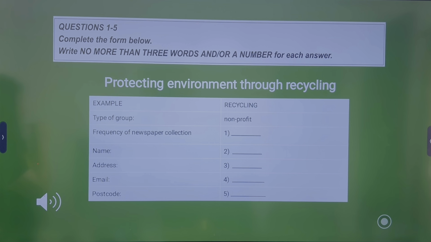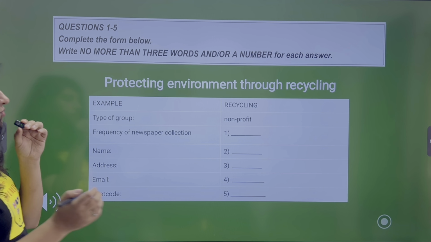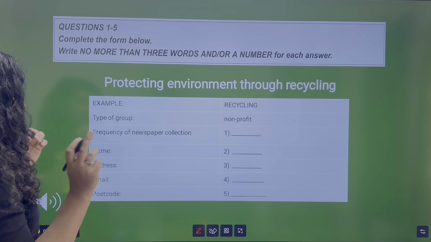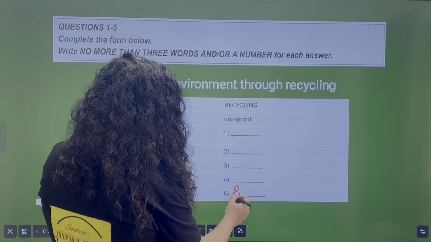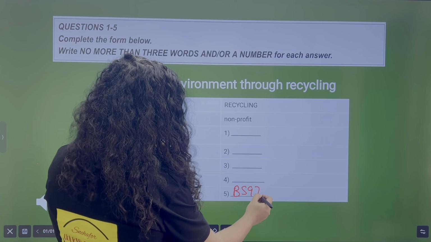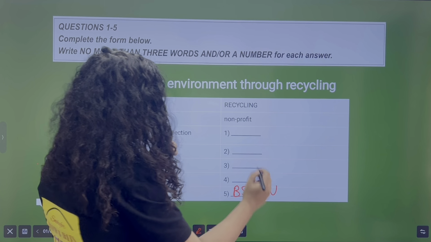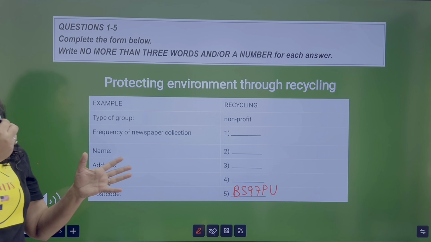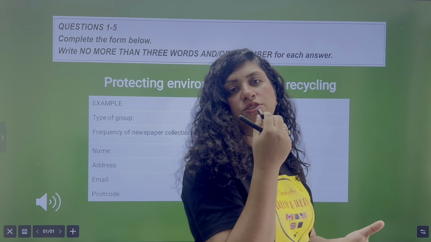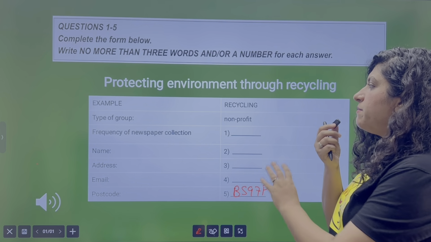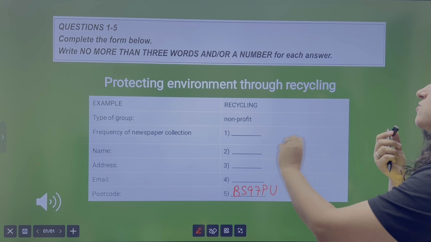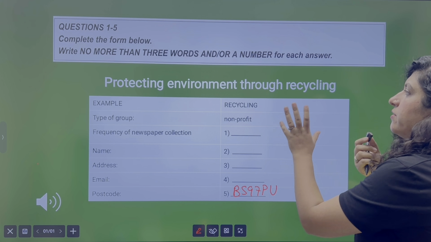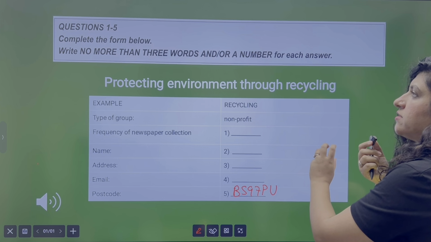So again, the man very clearly pronounced the postcode. That was BS97PU, and he said B as in ball. So BS97P as in Peter and U, right? So many times, the pieces of information that you're searching for will be very clearly pronounced, so that there is no error when you're writing the information as your answer.